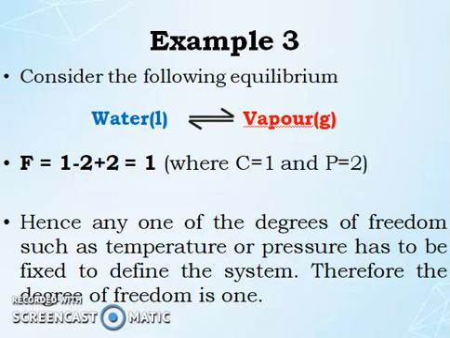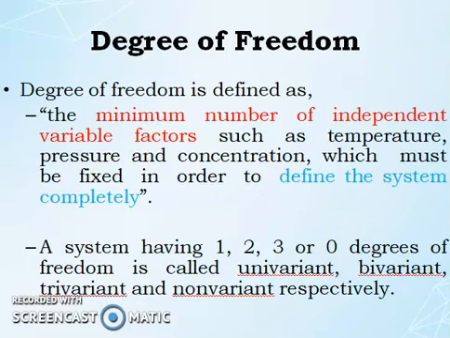I hope you people may be clear with the definition. You have to select any minimum number of independent variable factors to define the system completely. That is the definition of the degree of freedom. Temperature, pressure and concentration are the variable factors.